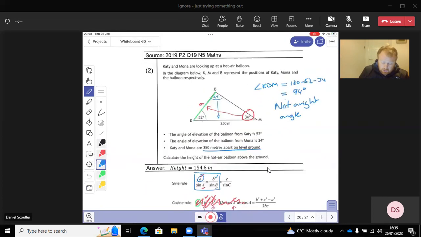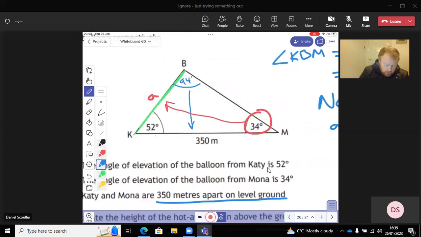So, go back up here. The sine rule I'm using, side A I've labelled. That angle is going to be angle A. I'm going to take that 350 metres, that's going to be my side B, and conveniently, this isn't always the case, that's going to be my angle B. That's just a coincidence.